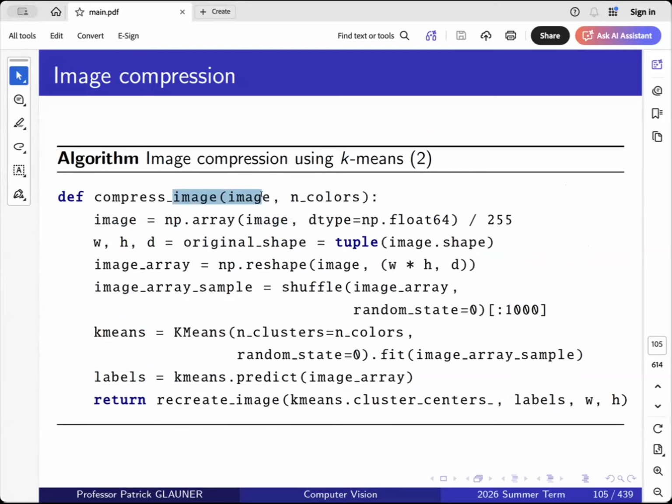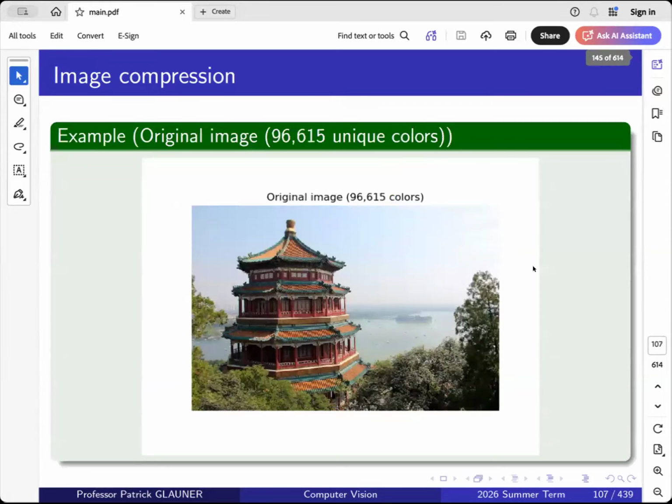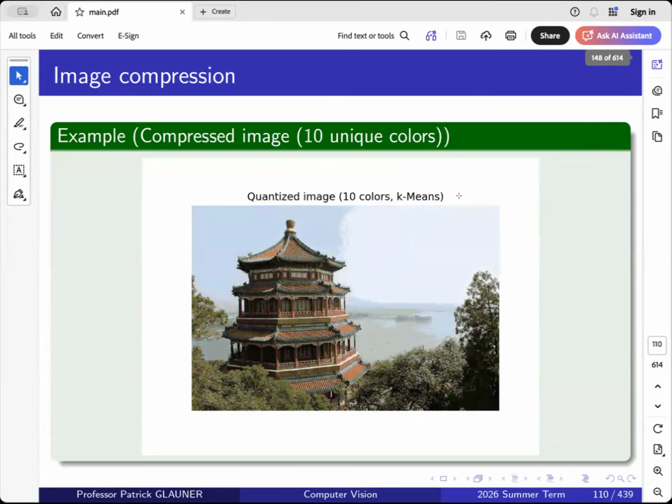The important one is here. We have the image, and the number of colors is the number of clusters. When you look at the data format, it's the RGB values, and k-means tries to find the optimal centers for those 64 or 10 unique colors, so that the overall error of mapping a pixel to its unique color goes down.